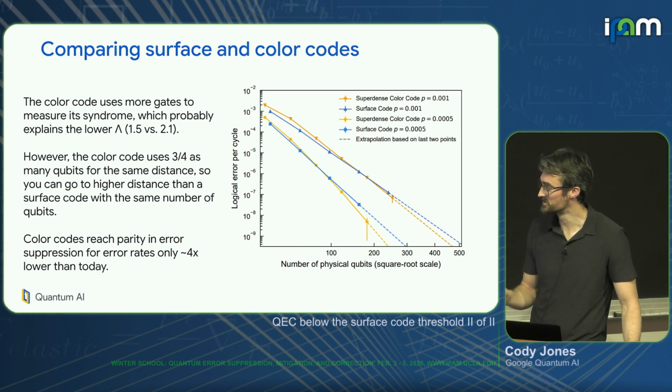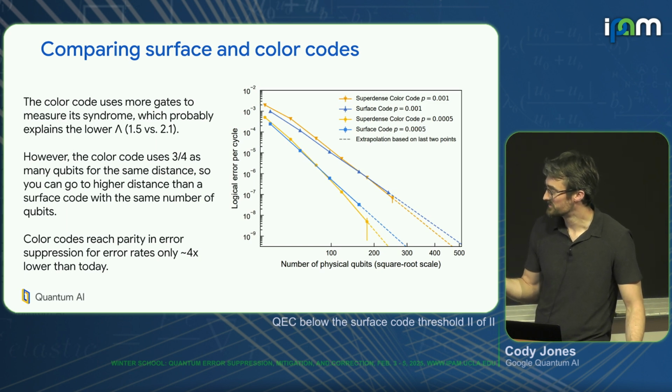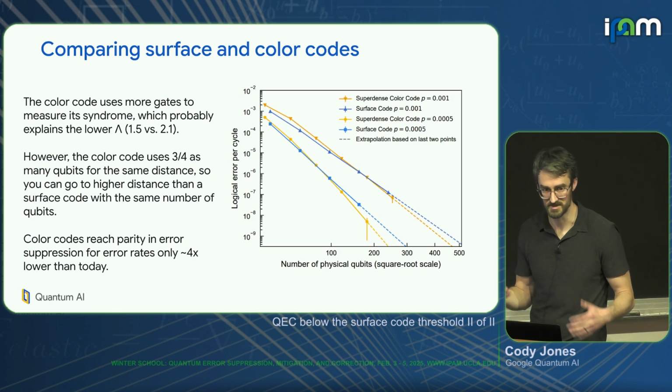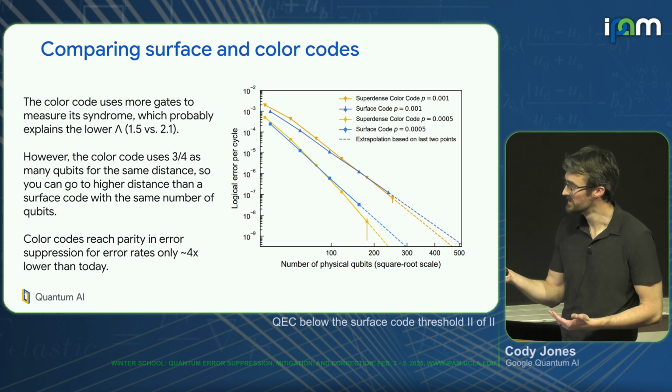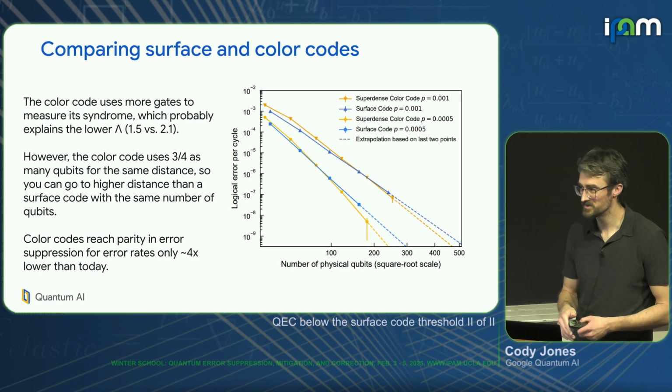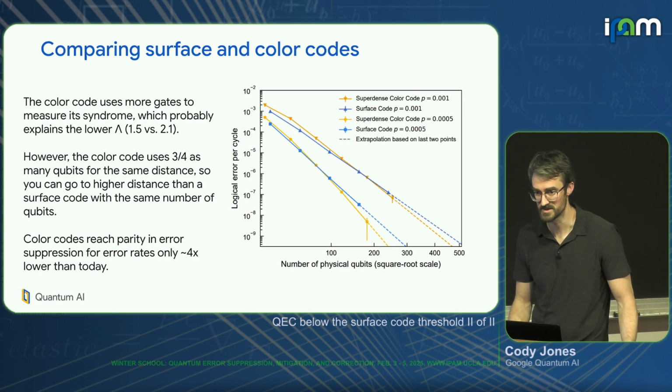I'm not going to say the story's over. Lots of work to do, lots of things to study. But it is kind of interesting to see that scaling up, even if the lambda is a little bit lower, it's not everything. It's really like what's the utilization of the resources in your system. And color codes seem to be pretty compelling, at least worth further study.